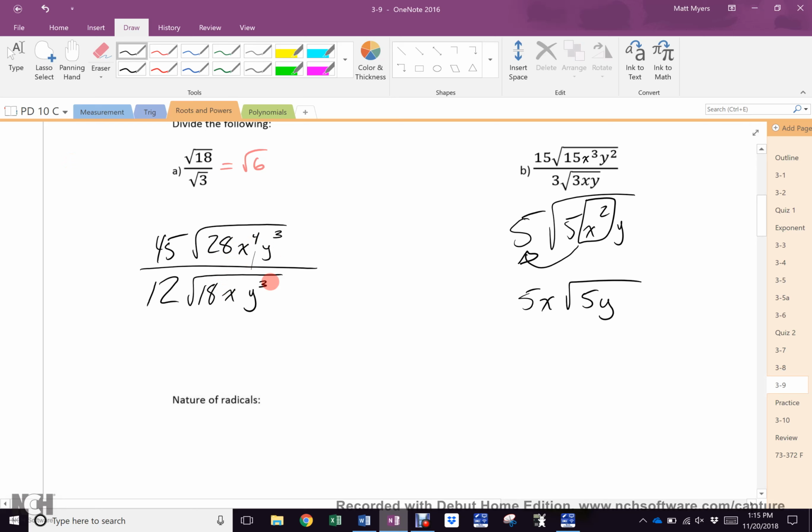Okay, what is something else you could do? I'm not saying that's wrong. I'm just saying there's another thing you could do. What else could you do? Suhani? You could simplify each radical, right? What is something else you could do? Could you do something with 45 and 12? Brendan?